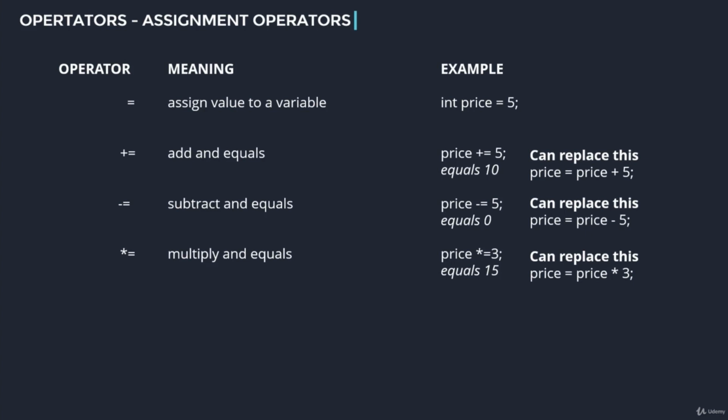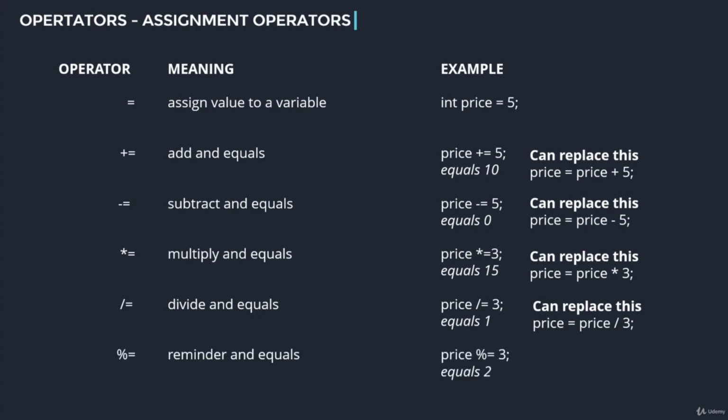The following is divide, which does almost the same thing, and at the end the price's value will be 1. And last, the remainder, and at the end price's value will be 2. Okay, so these are using the operators introduced before, but they give you some kind of shortcut. And if it's still not 100% clear, don't worry, there will be also a coding part too.